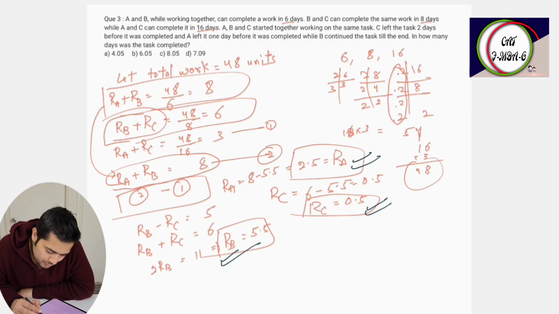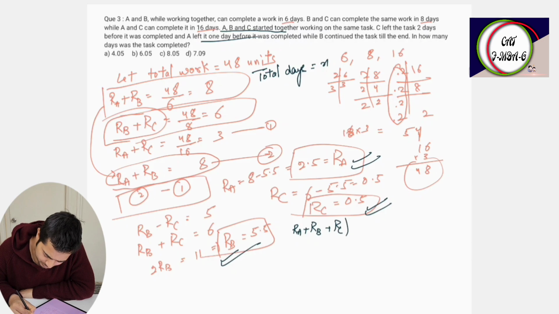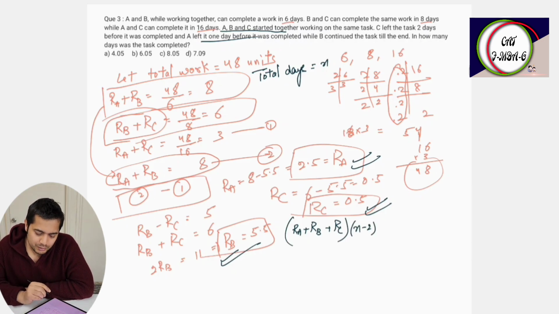Okay. Now it is given that A, B and C started working together and C left the task 2 days before it was completed. A left the task 1 day before it was completed. So let total days be X. A, B and C working together, so rate of A plus rate of B plus rate of C. These have worked for X minus 2 days together.